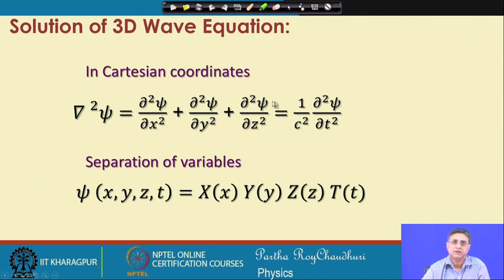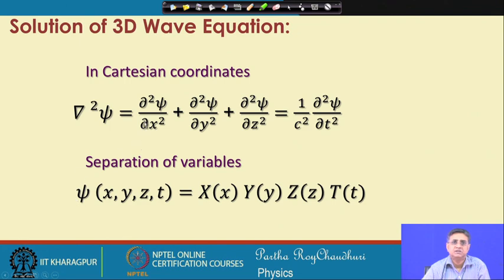So, in this Cartesian coordinate system, we can write the wave equation in this form, that the three components equal 1 by c square times the double derivative with respect to time. For such an equation, it is well known that the separation of variables should be applicable to find the solutions.